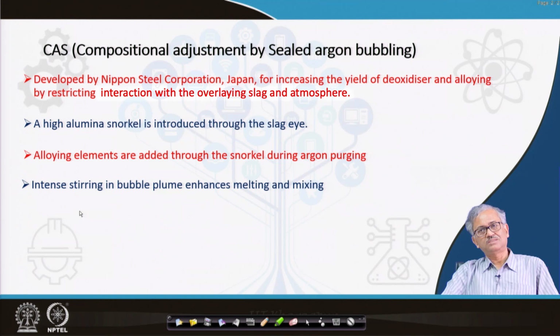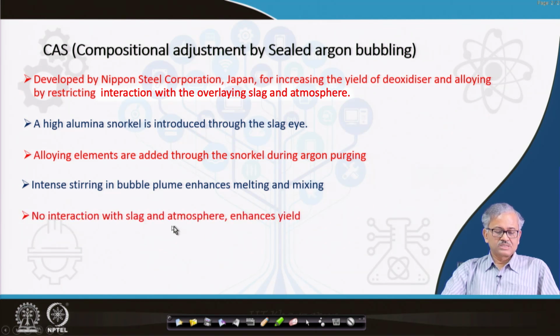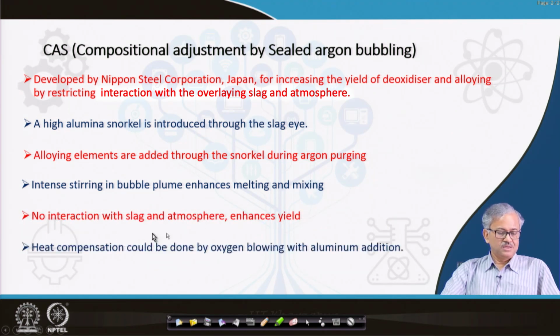That is the disadvantage. If you use the snorkel, then you can stir the bath in a very intense way. Very intense stirring is very good from the kinetics point of view as well as for alloy dissolution. Intense stirring enhances the melting and the mixing, and no interaction with the slag and atmosphere enhances the yield. Heat compensation could also be done by oxygen blowing.